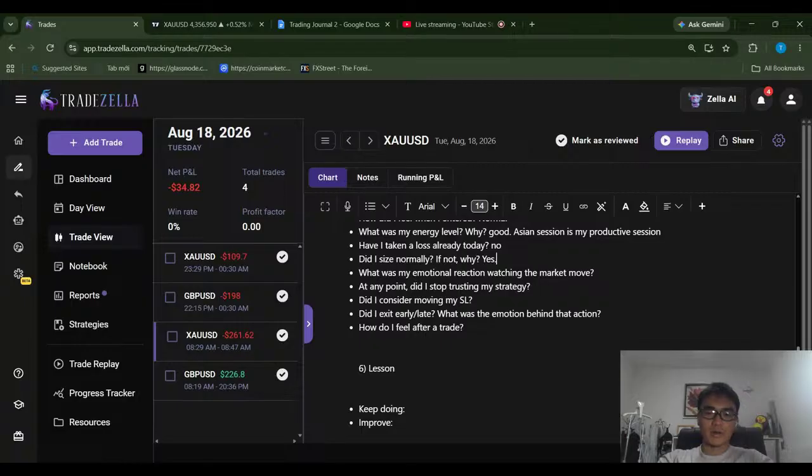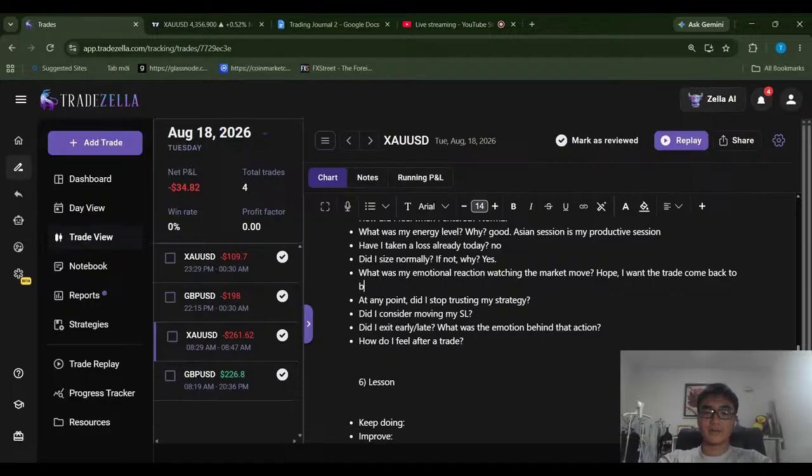What was my emotional reaction watching the market move? Hope, or what? The trade came back to my break even, to my execution and entry, when I had drawdown.